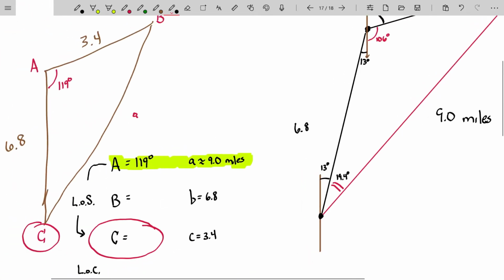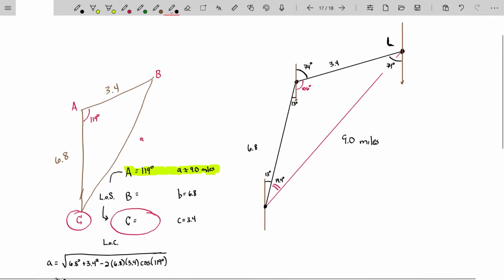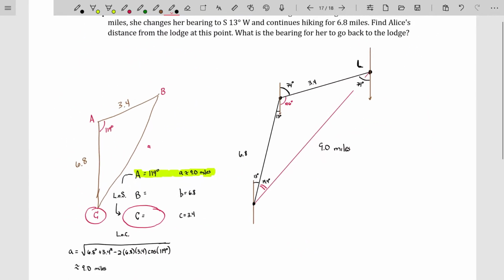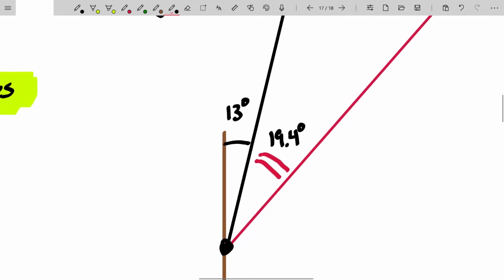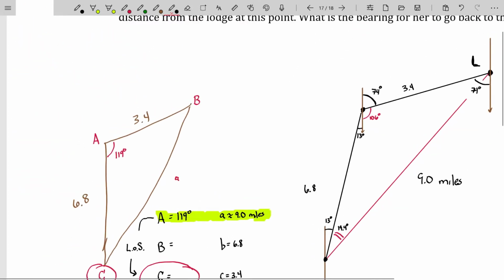Probably the largest mistake I'll see here is that people will just say, oh, she moved to get back to the lodge, she's going to go north by 19.4 degrees east. No, she goes north by 13 plus 19.4. What is that? 32.4 degrees east.